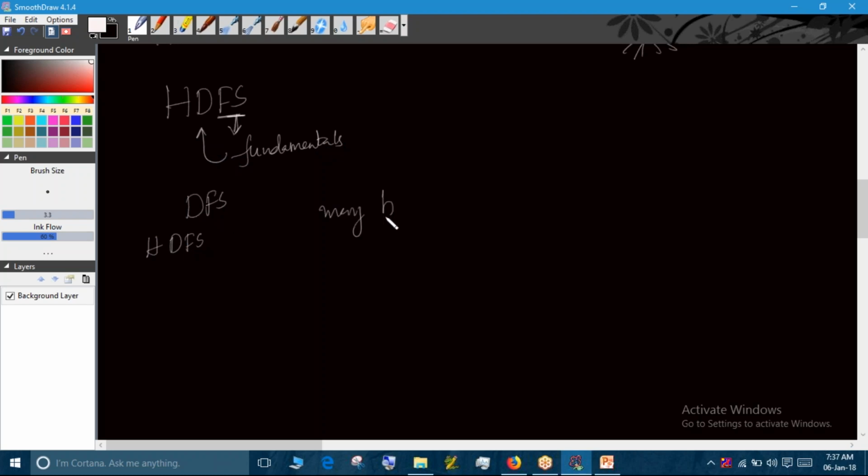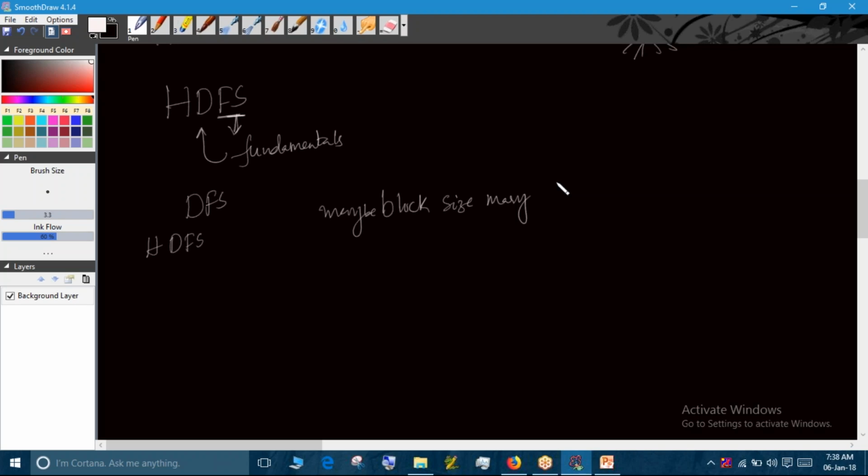Maybe the block size may vary from file system to file system, but every file system is block based only. So the moral we learn from this is, even if you go to HDFS, the Hadoop Distributed File System, it is also block structured, or block oriented.